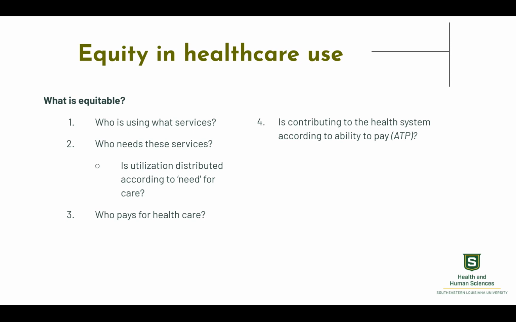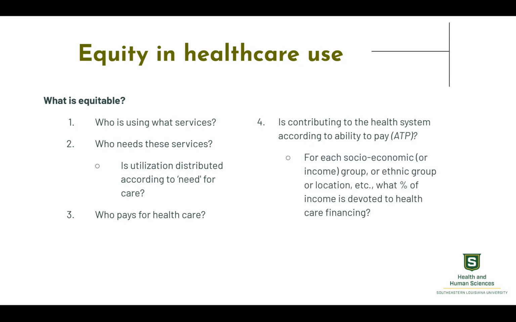You've already spent a lot of money on other things, and then suddenly you are ill. So imagine if that's the situation that you experience, and you can't use the healthcare service because you're being expected to pay at the point of service. So that is something to consider in terms of looking at equity in healthcare use.